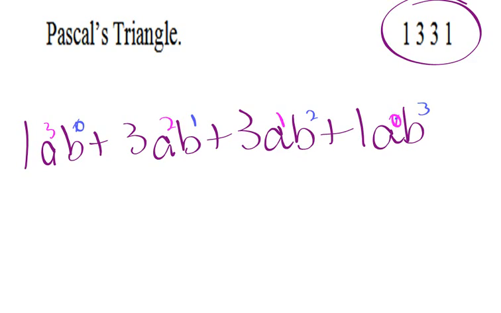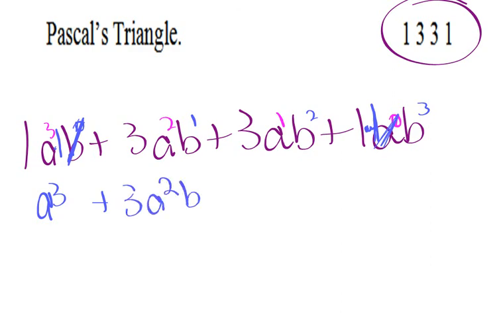Now a to the 0 is just 1. So that's a 1 times 1. And here's a b to the 0. That's just 1 times 1. All right, so our first term is a cubed plus 3a squared b for our second term plus 3ab squared plus b cubed.